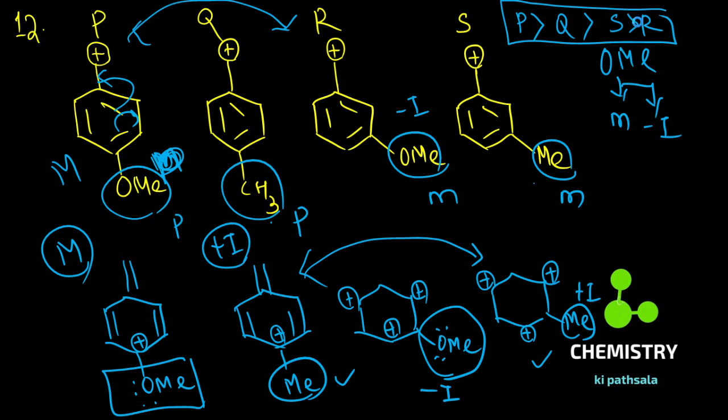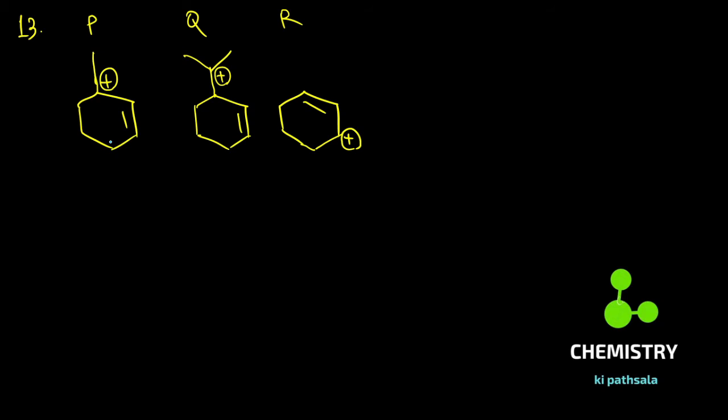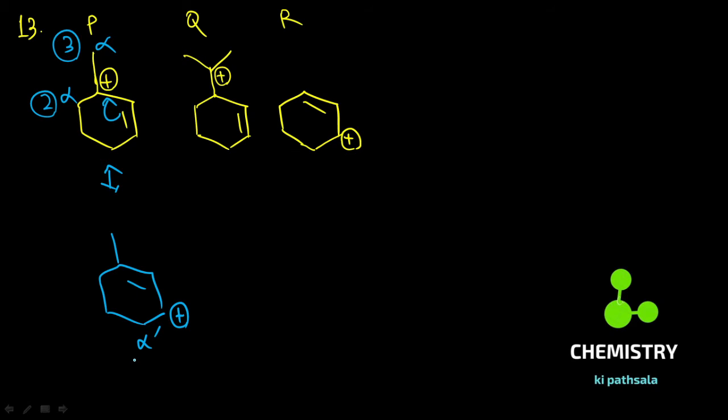Clear? Question number 13. Now here alpha hydrogens are there, here alpha hydrogens are there. Now by resonance, what will you find? By resonance you will find the formation of a carbocation there. So new alpha hydrogens are there. The total number of alpha hydrogens is 3, here 2, here 2. So resonance and hyperconjugation by 7 alpha hydrogens there.